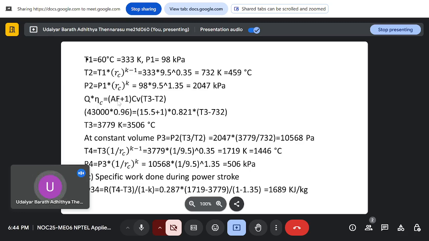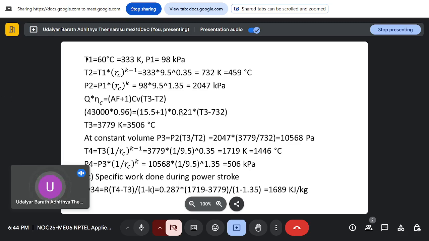On the right side you will have the total mass into CV into delta T. Dividing by mass of fuel, you will get mass of air by mass of fuel plus mass of fuel by mass of fuel, which will be 1. So CV and T3 minus T2. Substituting, the only unknown is T3. So we will get T3 as 3506 degrees Celsius.